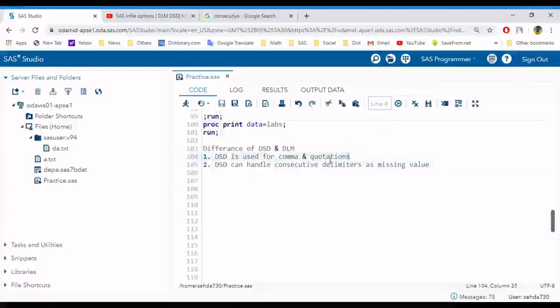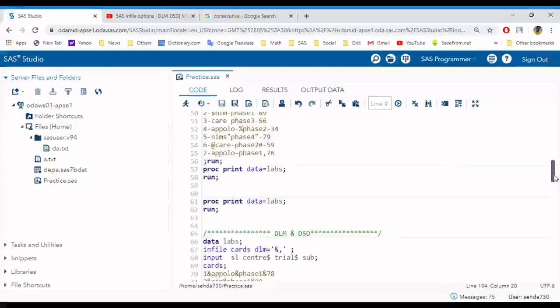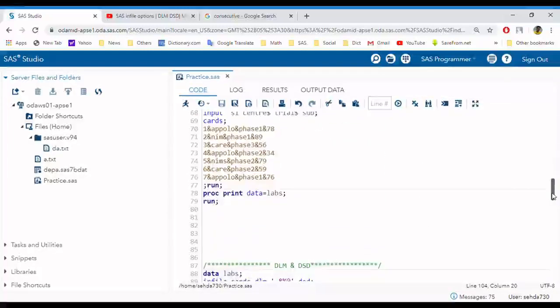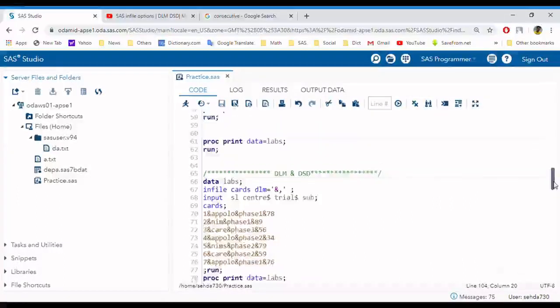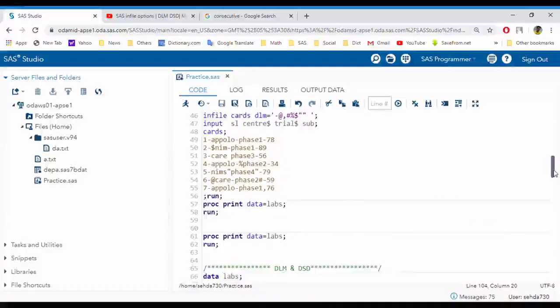So what can we say on that? Yes, everything is messed up now. 6 observations are there only. If you are going to use DSD only, then it will be able to understand comma and single quote or double quote as delimiters. So always remember this thing.